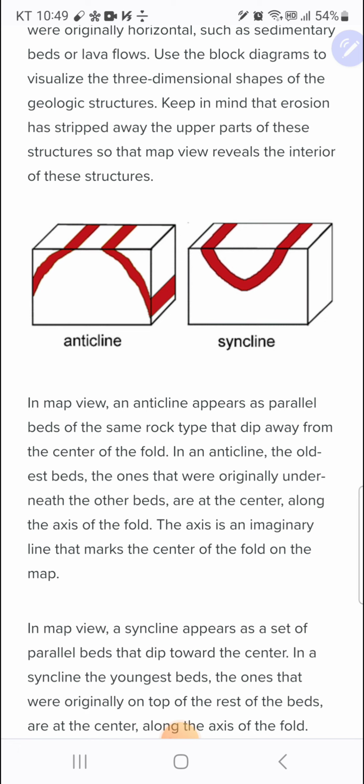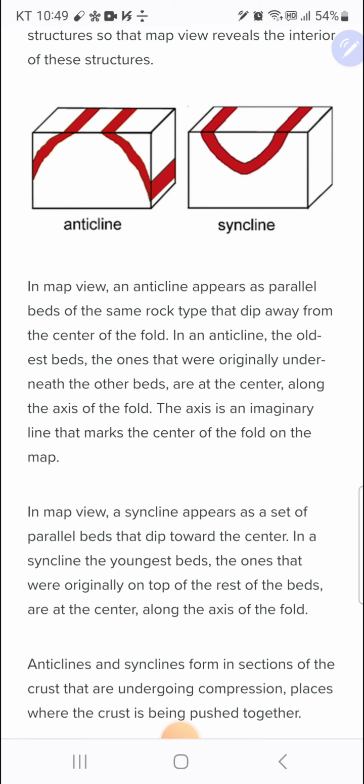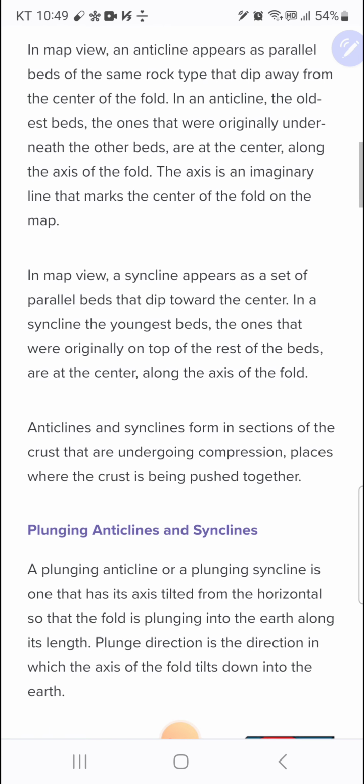In map view, a syncline appears as a set of parallel beds that dip toward the center. In a syncline, the youngest beds, the ones that were originally on top of the rest of the beds, are at the center, along the axis of the fold.